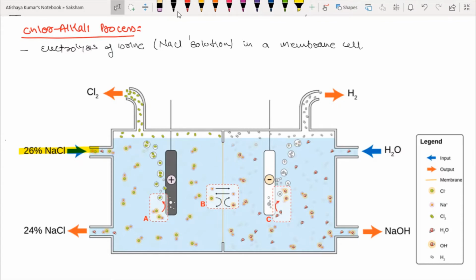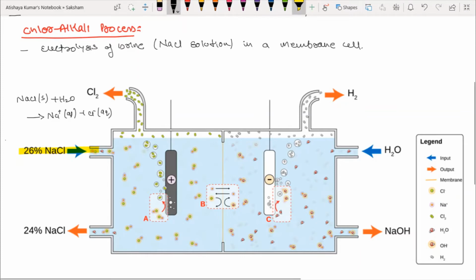Sodium chloride is basically an ionic compound which, upon dissolving in water, dissociates into Na+ aqueous ions and Cl- aqueous ions. As chloride ions are negatively charged, they get attracted to the positively charged electrode.